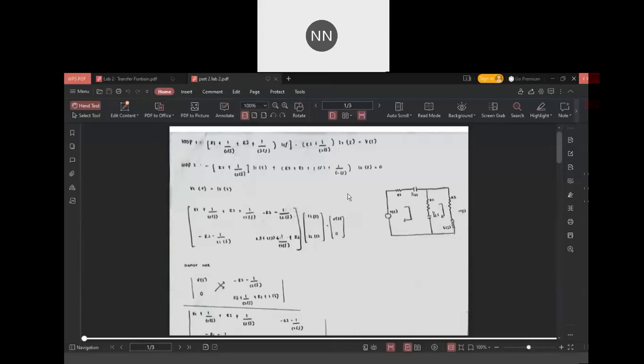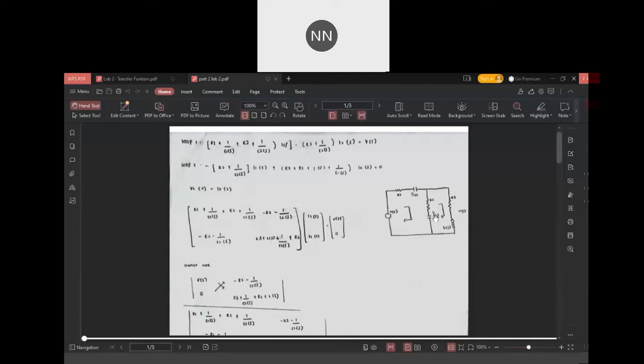Basically, we must transform it to the Laplace circuit, in terms of s. The resistors are maintained as R1, R2, and R3. The capacitor and inductor we change to 1 over Cs and Ls. Then we apply loop 1 and loop 2.